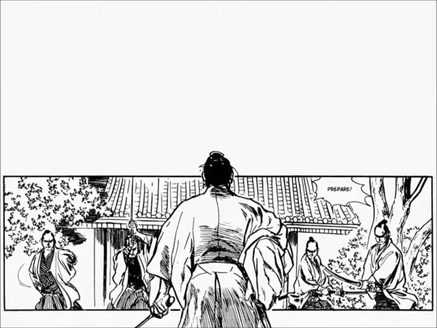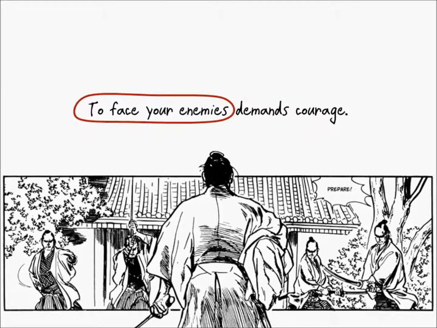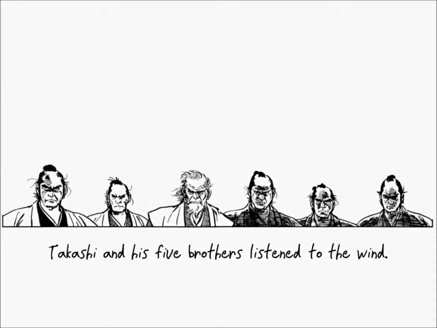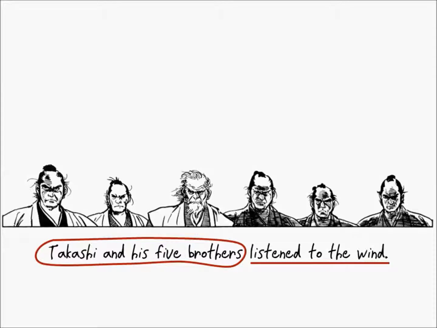Here's another way that actions might work as subjects. To face your enemies demands courage. Sometimes one sentence can have multiple people or things serving as the subject. For instance, Takashi and his 5 brothers listen to the wind. See, Takashi is one subject, and his 5 brothers are another subject, but they're both doing the same predicate.